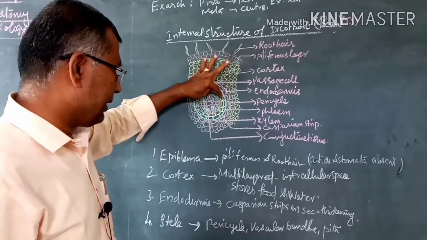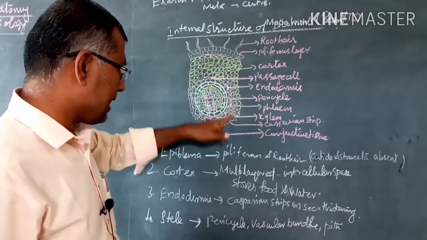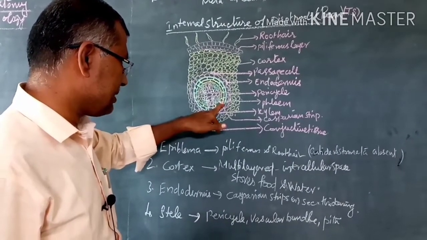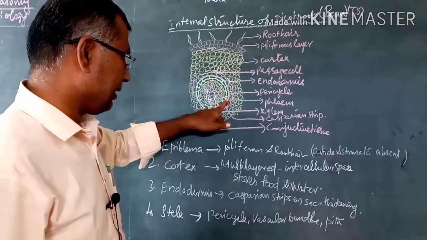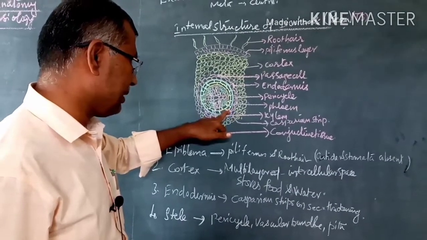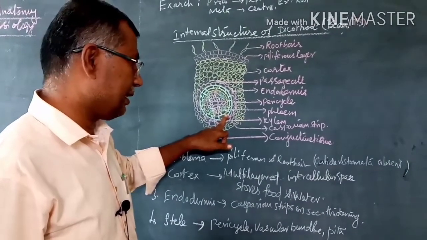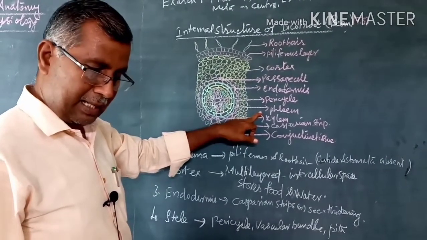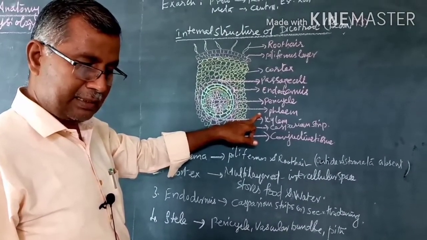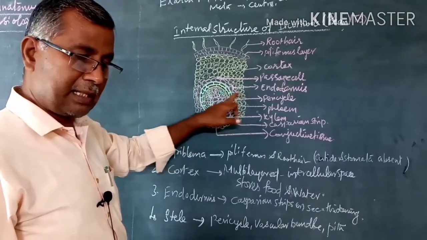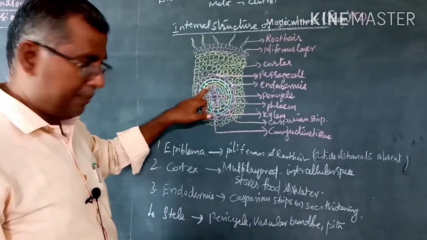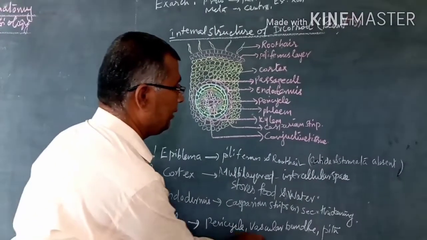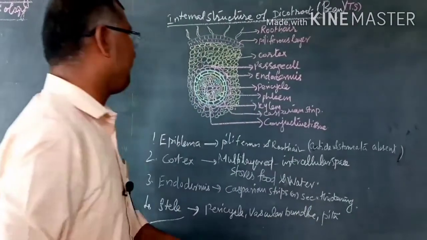Understand? In the endodermis there will be Casparian strips, which means secondary thickening. If Casparian strips are absent, the cell is called a passage cell. Understand? The pericycle, vascular bundle and pith together we call the stele.